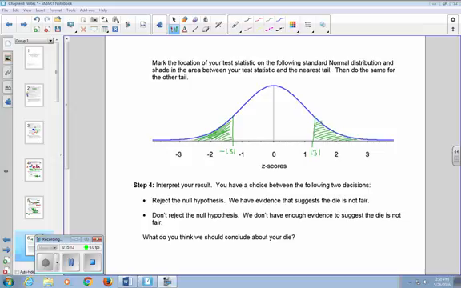Each of these has an area of 9.51%. And adding these up, that's again why we doubled it, you get a total area equal to 19.02%.